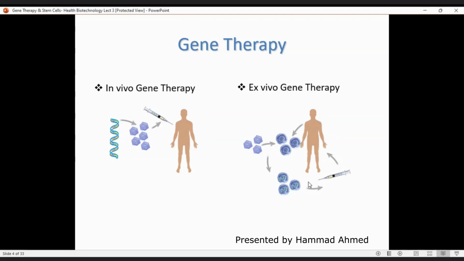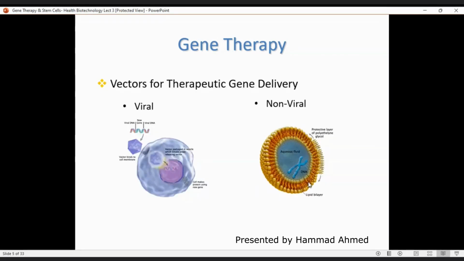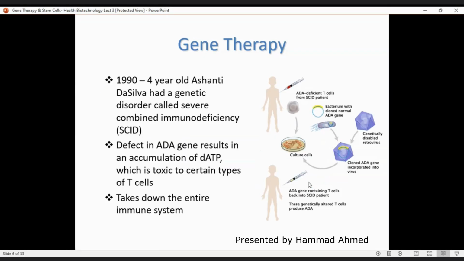Now if we talk about the history of gene therapy, in 1990 a patient named Ashanti De Silva had a genetic disorder called severe combined immunodeficiency syndrome, SCID. In this syndrome, she had a deficiency of the ADA gene.